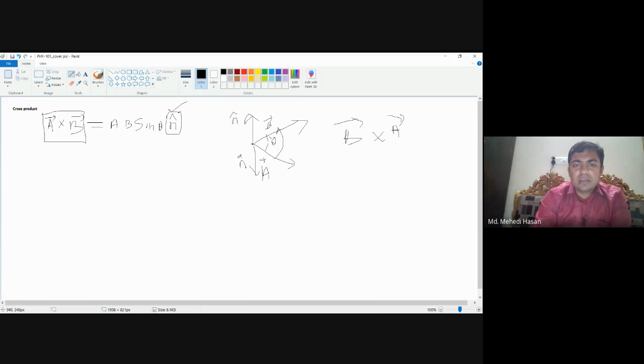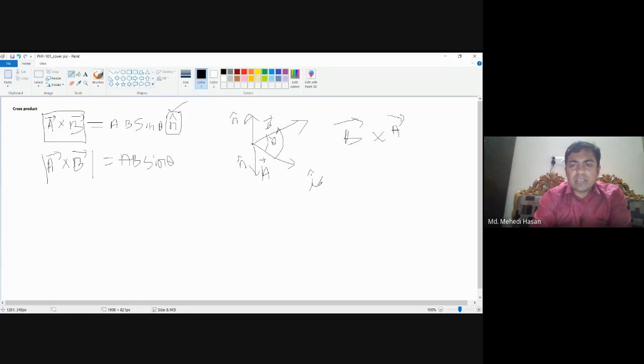Okay, so this is the direction of the unit vector, and if you try to find out the magnitude of this cross product, A cross B equals AB sin theta. Okay, so this is the formula to calculate the cross product. Now let's find out the cross product of unit vectors.